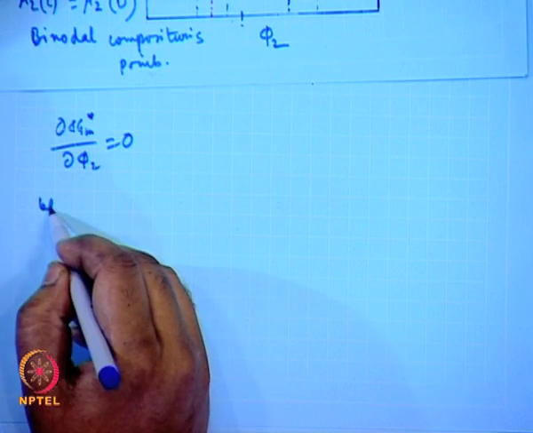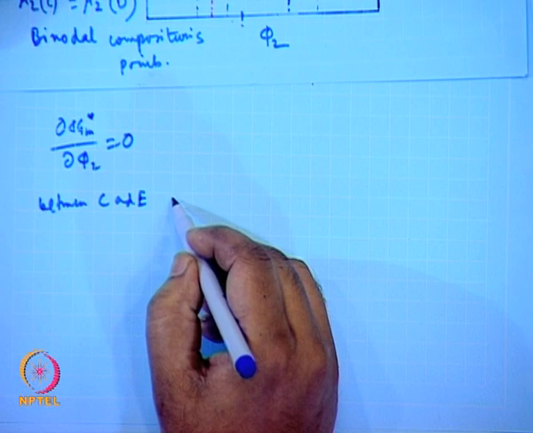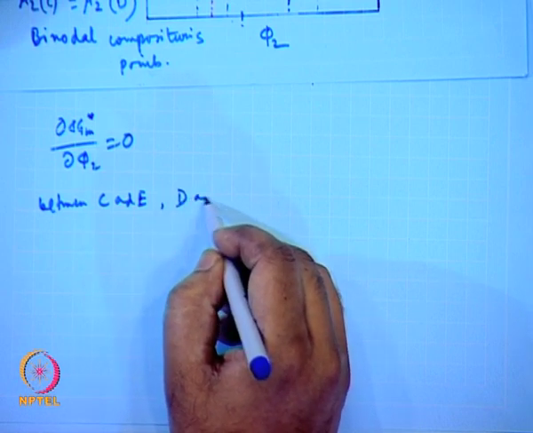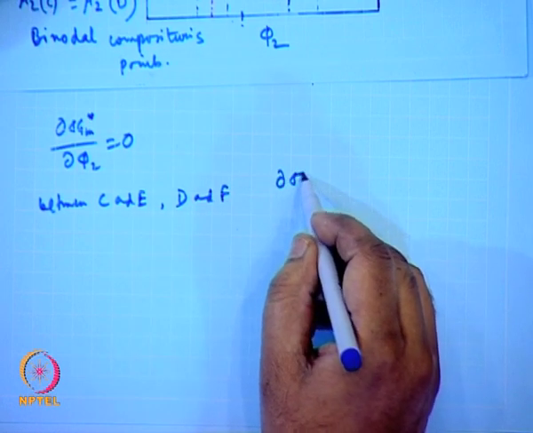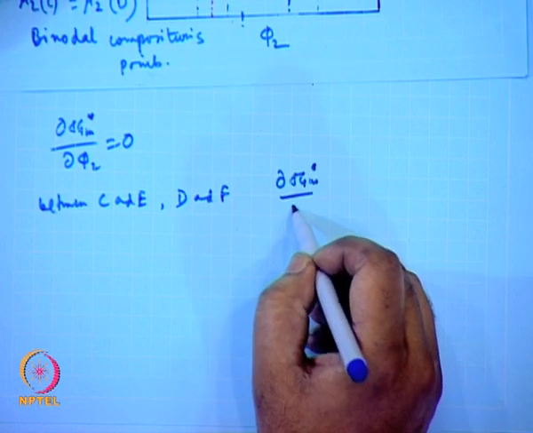Between C and E, and D and F, the slope is changing in a positive way.